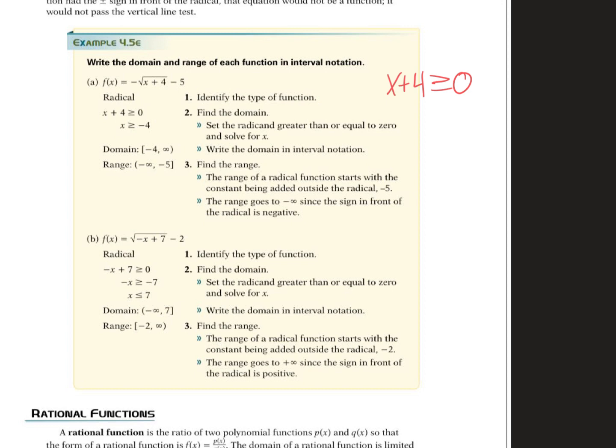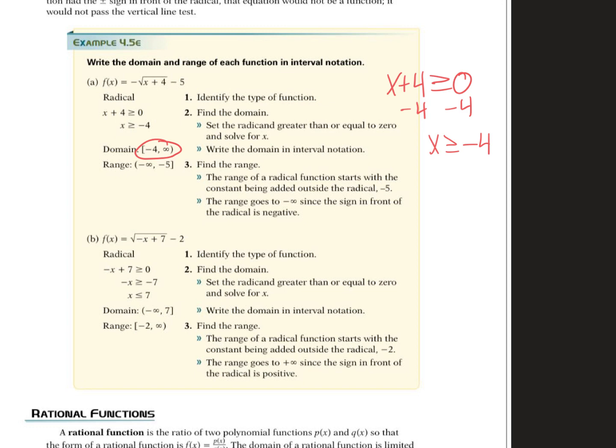It has to be positive, right? So then we solve that. That means our x value has to be bigger than -4. So that's going to give us the part of our domain that we need.